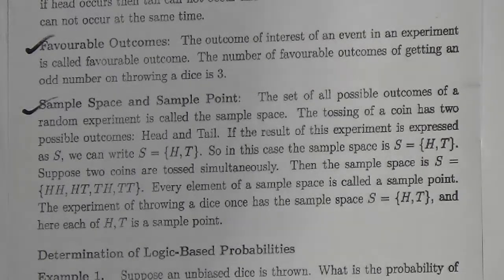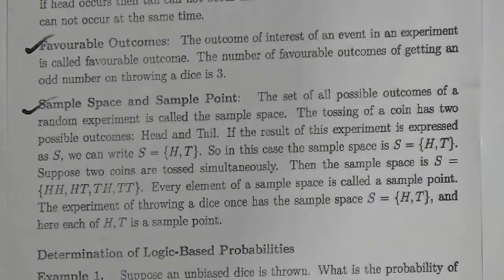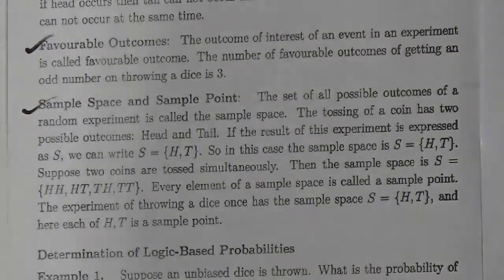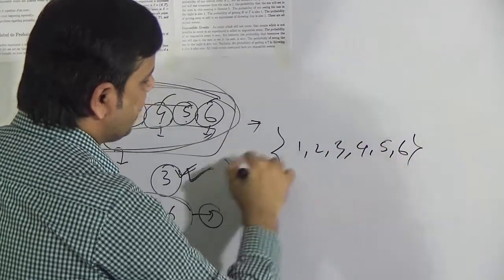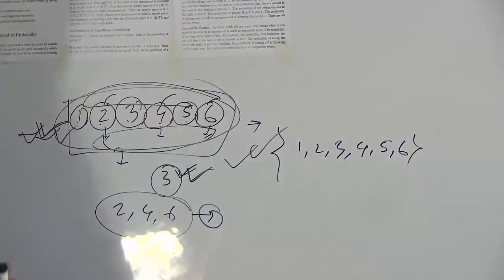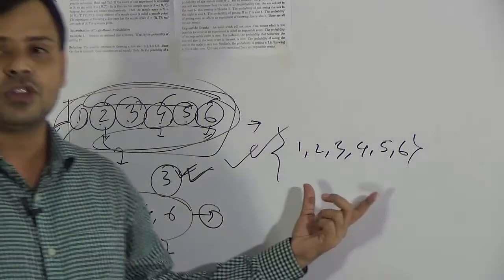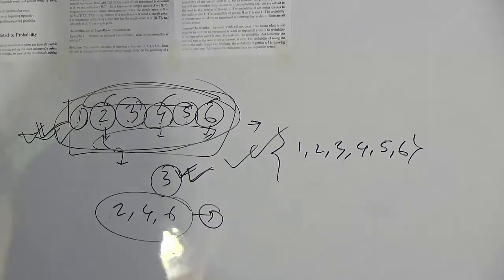So these are the total possible outcomes. If you include the total possible outcomes of a random experiment in a set 1, 2, 3, 4, 5, 6, that set is known as the sample space.